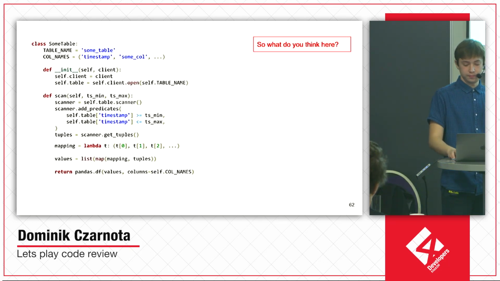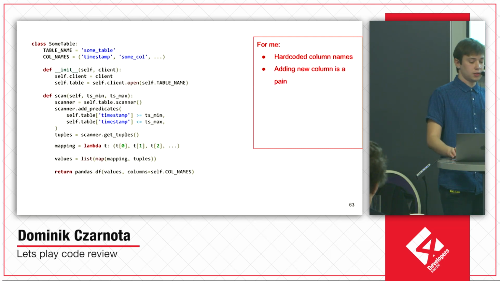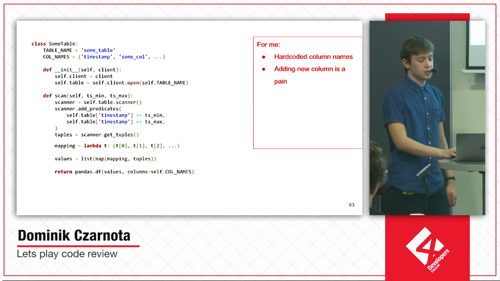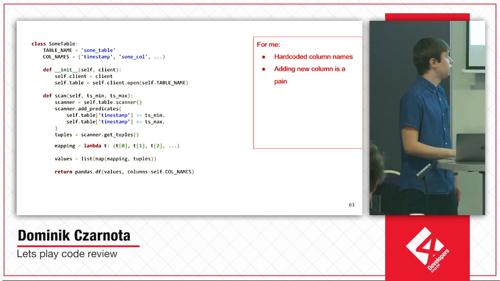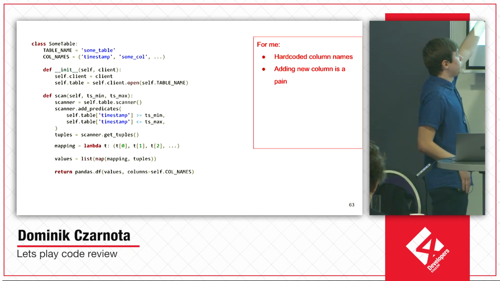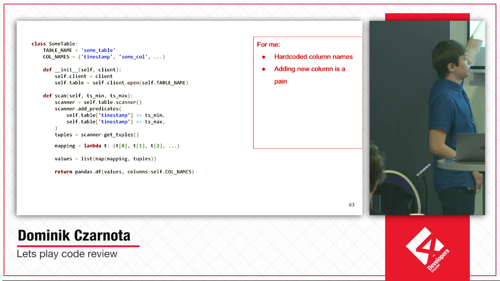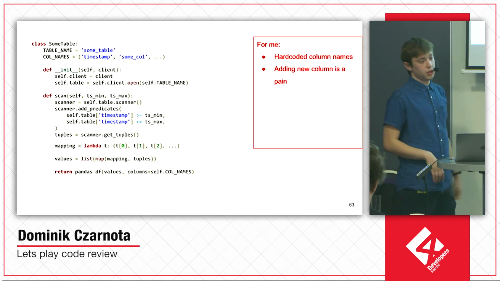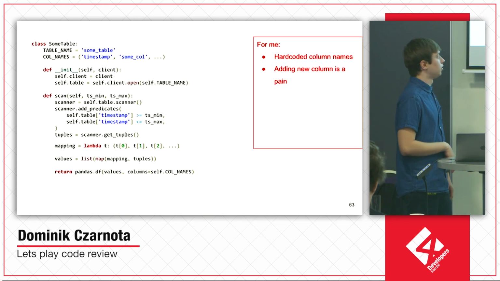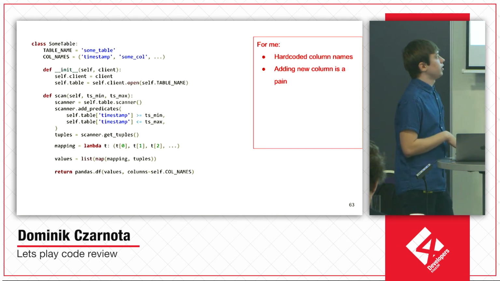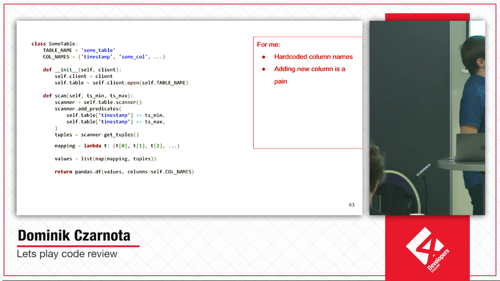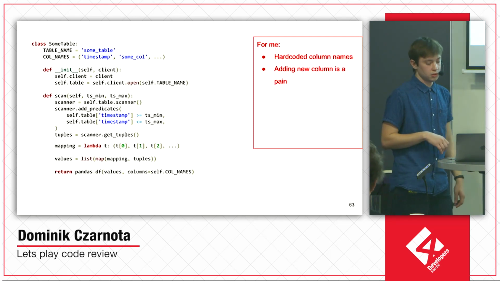Okay. So the thing is that the column names are hard-coded, and it's a bit painful to add new columns, because whenever you want to add a new column, you probably need to add it into the mapping itself, because from the scan you want to get all the columns in a given order. So here the order is preserved based on the column names there, and whenever you add a column name, you need to also add it here, which is kind of stupid.